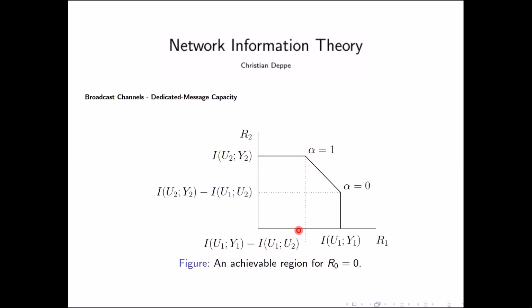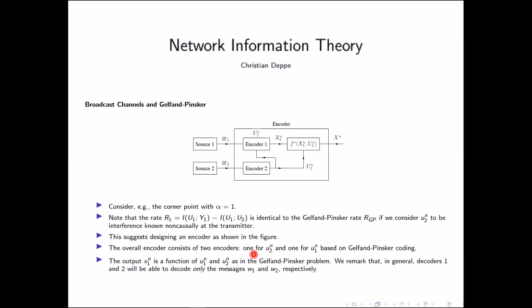If you look at this formula, it might remind you of a model we had before. If you remember, we looked at the model with the state of a channel, where the state influences the channel. This was the Gelfand Pinsker model.